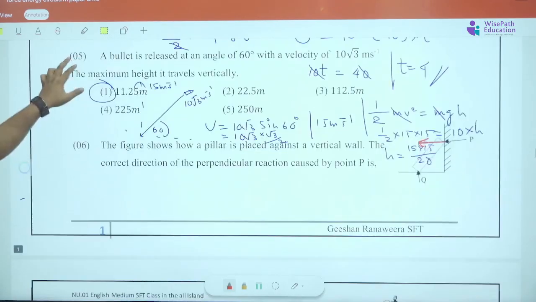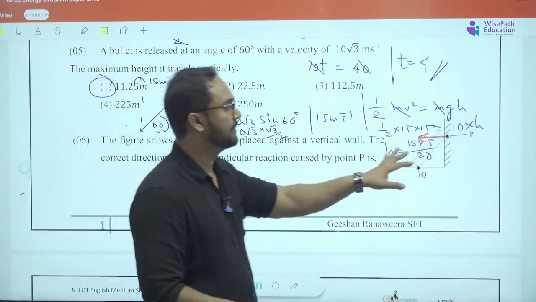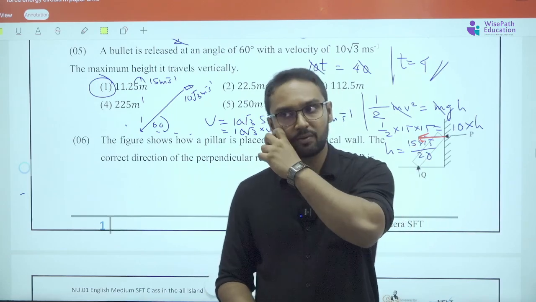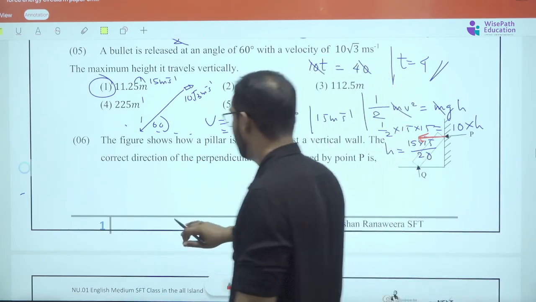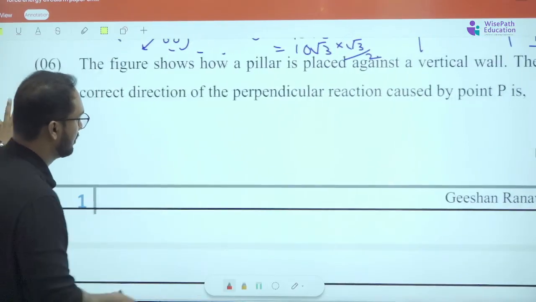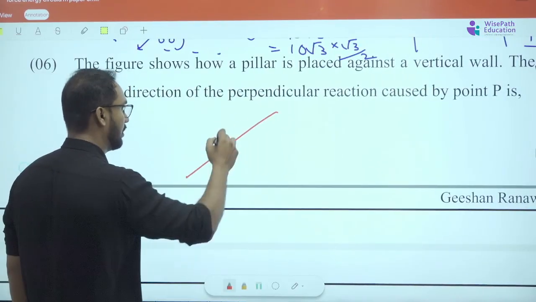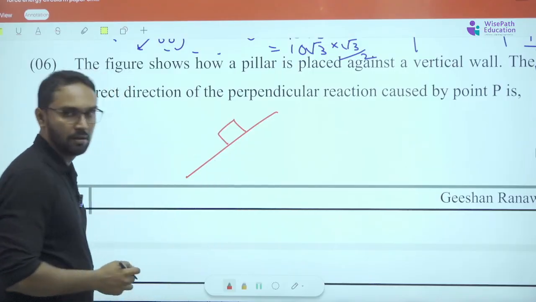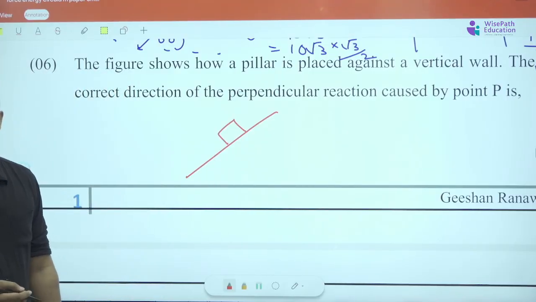If you didn't know this, take a note. The perpendicular reaction is always perpendicular to the surface. We discussed this here as well. Can you remember this one?